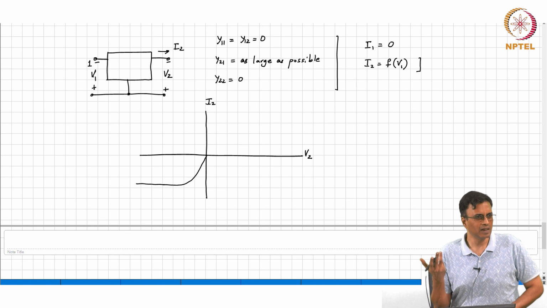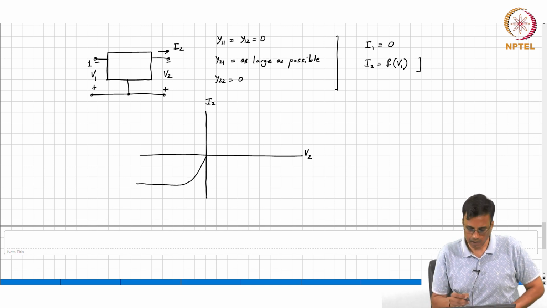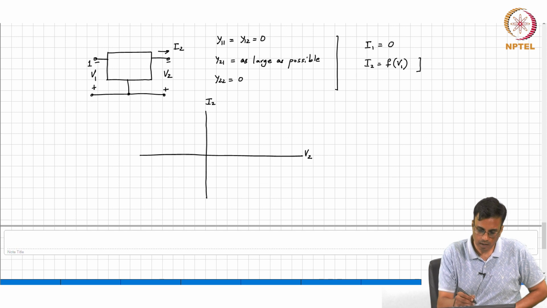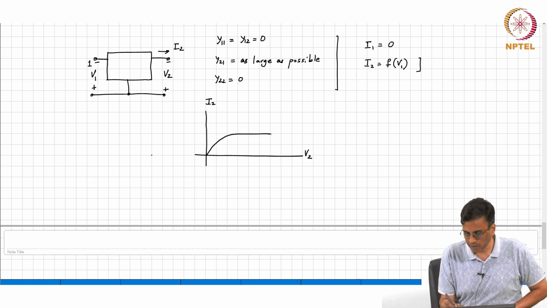They all shift to the first quadrant. So this is nothing but notation gimmickry, just to make our lives easier. And therefore we are back to square one. So the characteristics also look like this now.